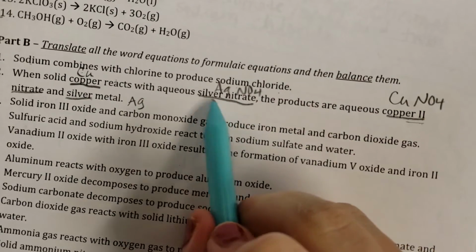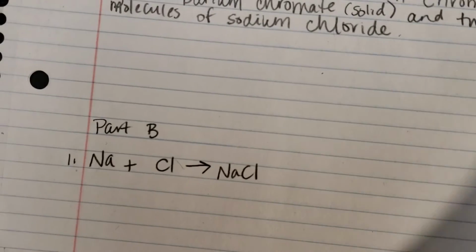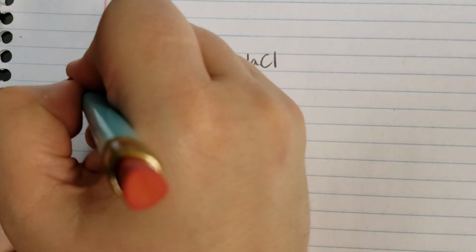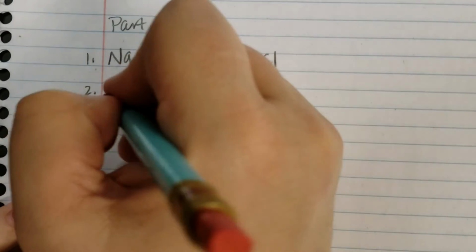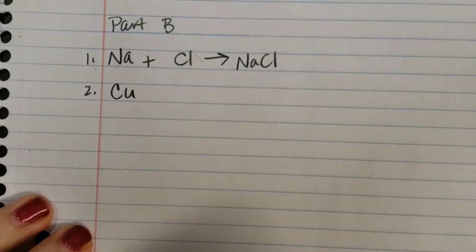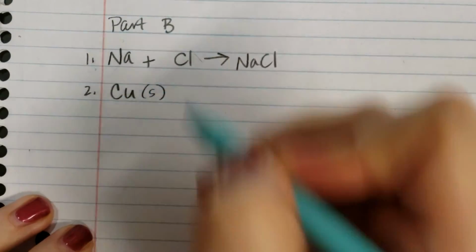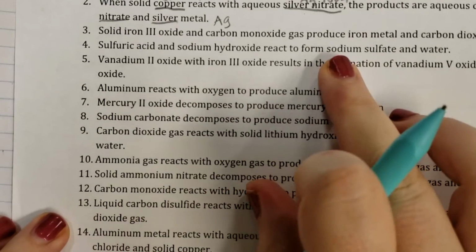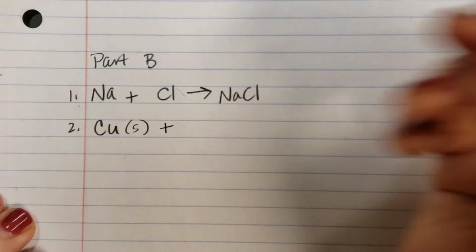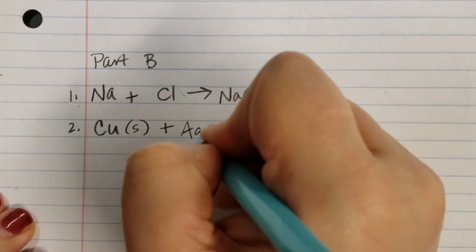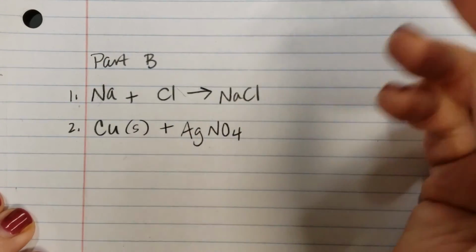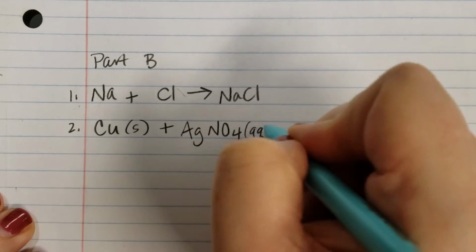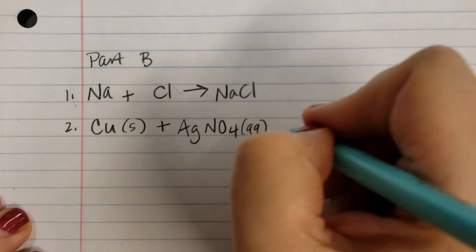Okay, so we have solid copper. Number 2, solid copper. So we have copper as a solid plus aqueous silver nitrate. So I'm going to write silver nitrate, AgNO4, and that is the solution, aqueous.